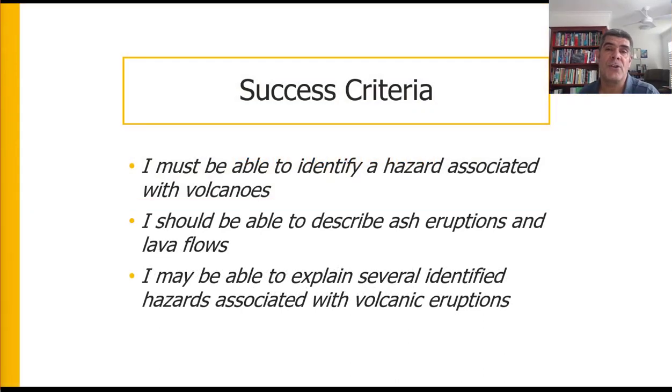As usual, we want to try and give you some different levels of success criteria to give you an idea of what sort of things you might need to cover in order to address the particular learning intention of this video.